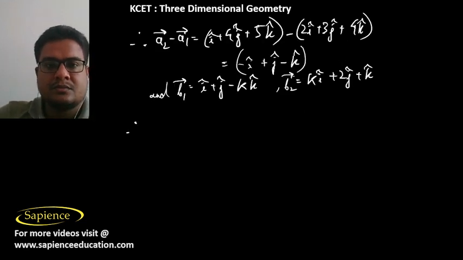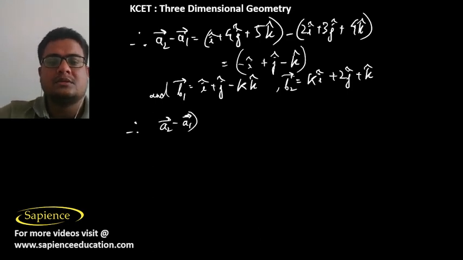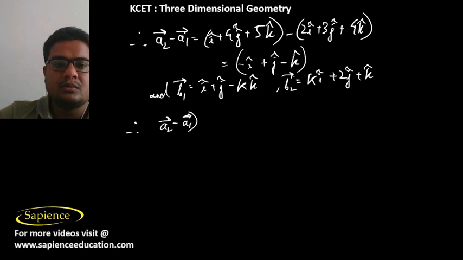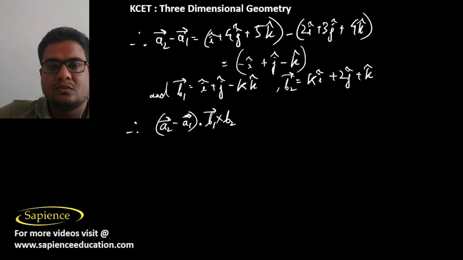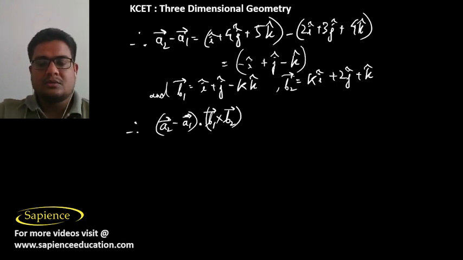So now, therefore, for a2 minus a1, we have to find the scalar triple product of a2 minus a1, b1 vector and b2 vector: (a2 minus a1) dot (b1 cross b2).